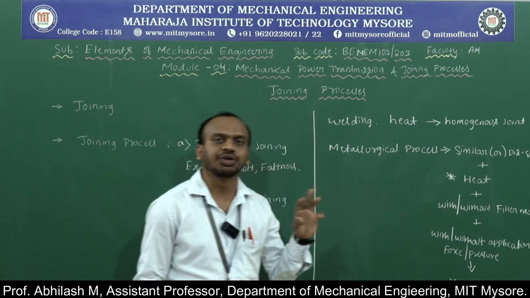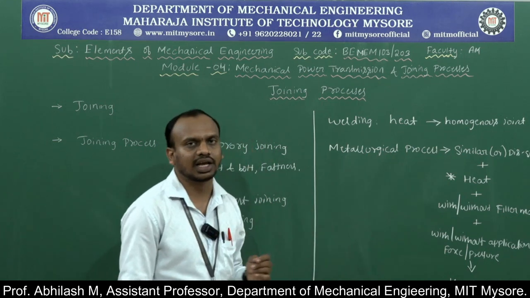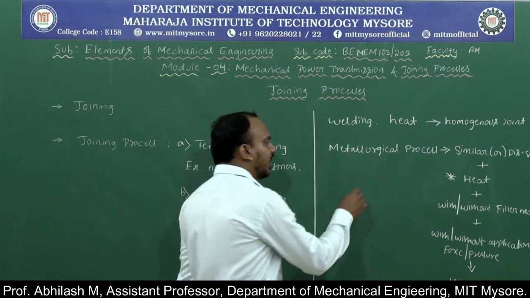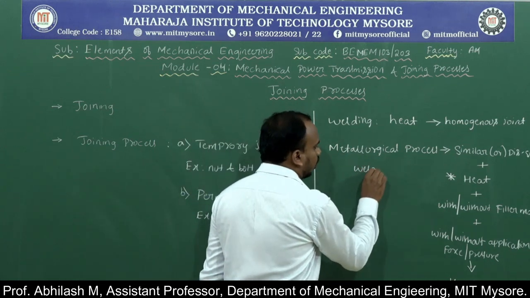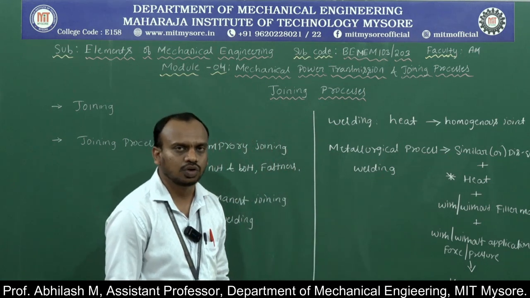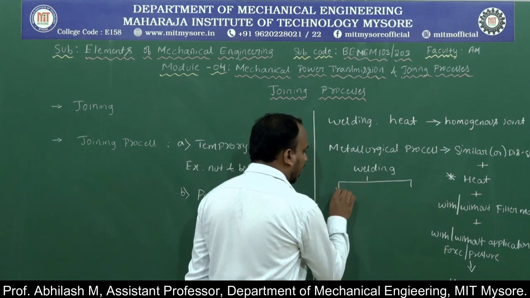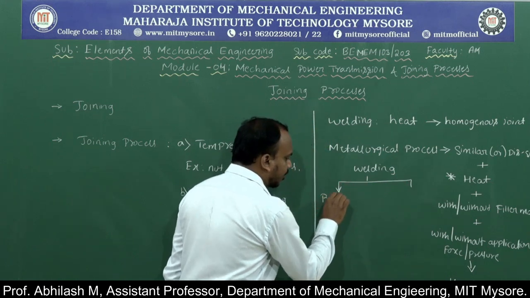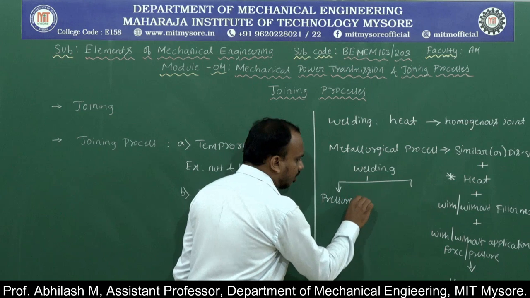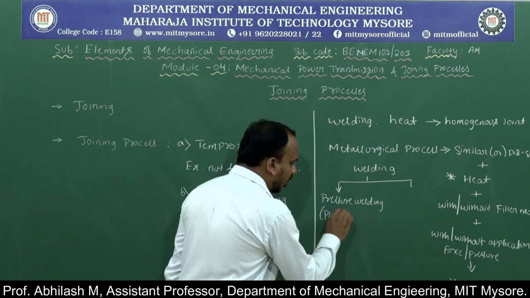But welding classification we are going to learn now. So how exactly has welding been classified? Welding is broadly classified into two different types, under which the very first one is called pressure welding, or it is also called plastic welding.